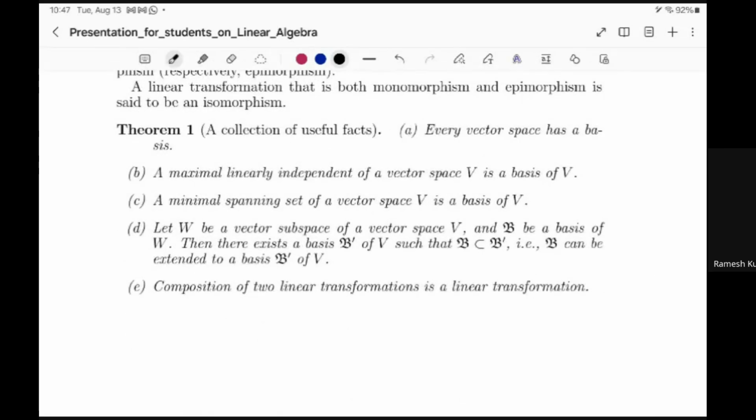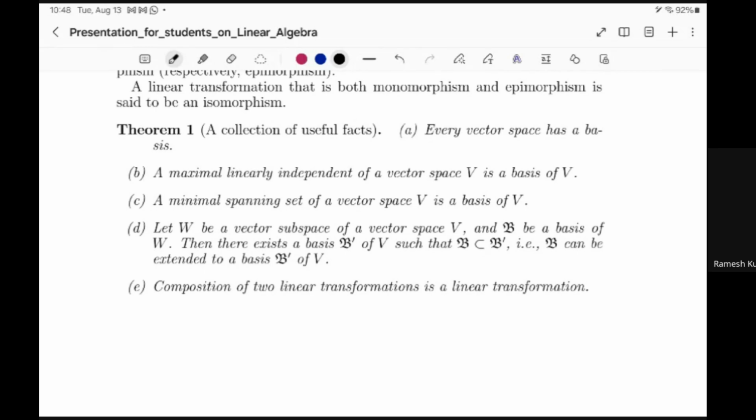So the first thing is every vector space has a basis. Well, that is convenient. It's good to know that it has a basis. But the unfortunate thing is, if you see a proof of this particular fact, it is not constructive. So the proof is not going to give you an idea on how to find a basis of the vector space.